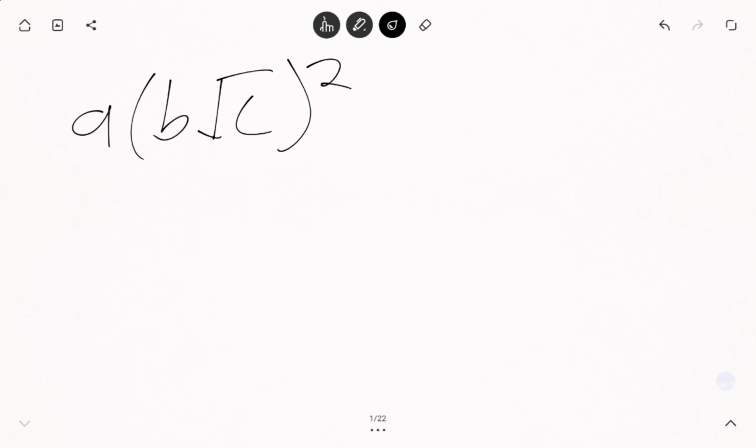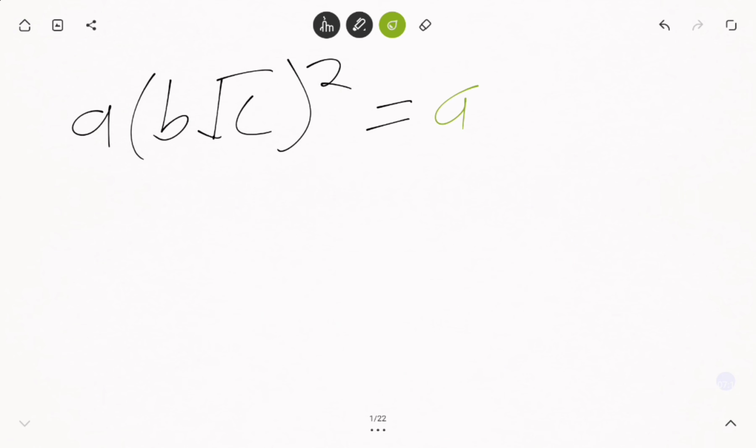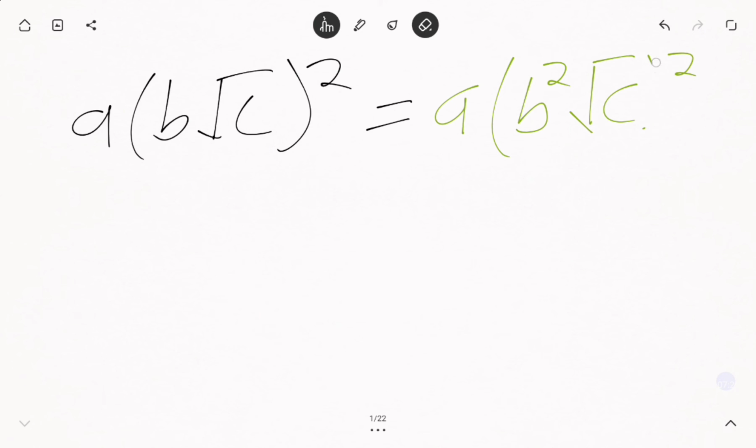A is not included in the bracket, so the square which is affecting the b and c will not affect the a. So our answer from here is going to be a multiplied by b squared root c squared.